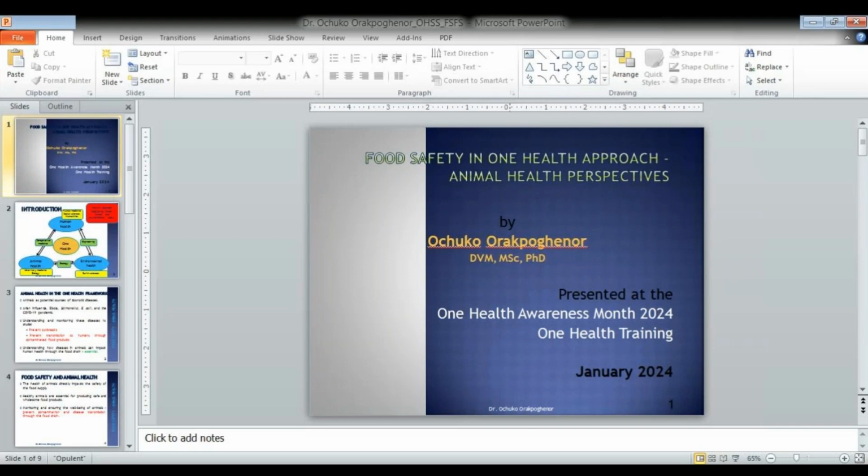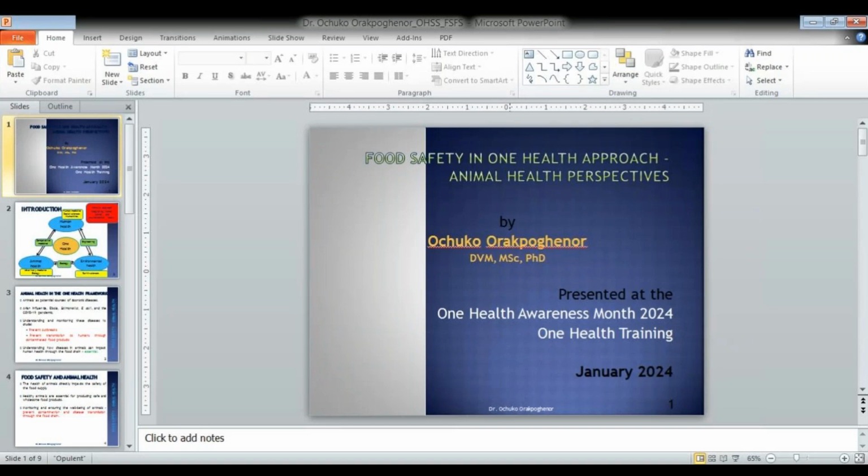Now, food safety and animal health. The health of animals directly impacts the safety of the food supply. This is because, like I said, the food chain is made up of various segments. When you are looking at animal protein, it is being consumed by humans, and so there's a need for this animal protein to be safe for consumption.